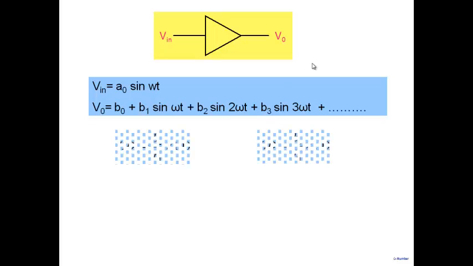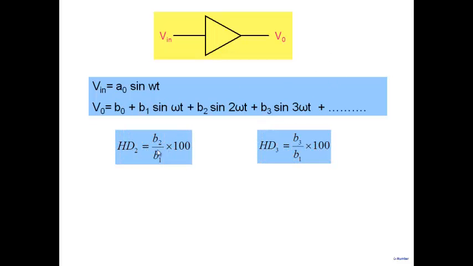And how do I characterize distortion? Well, I call a quantity second harmonic distortion. HD refers to harmonic distortion and 2 refers to second harmonic. Why? Because I'm looking at the amplitude of the second harmonic, which is B2, relative to the amplitude of the first harmonic, in which I'm interested.